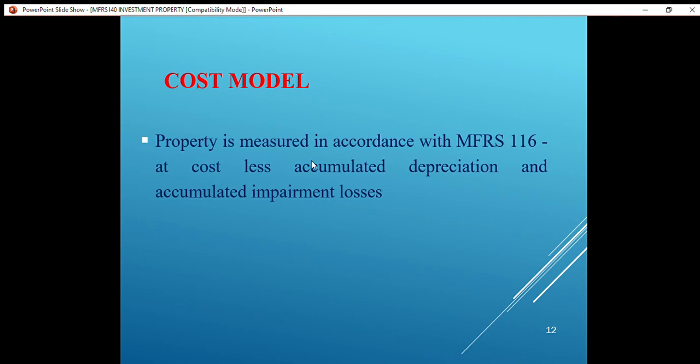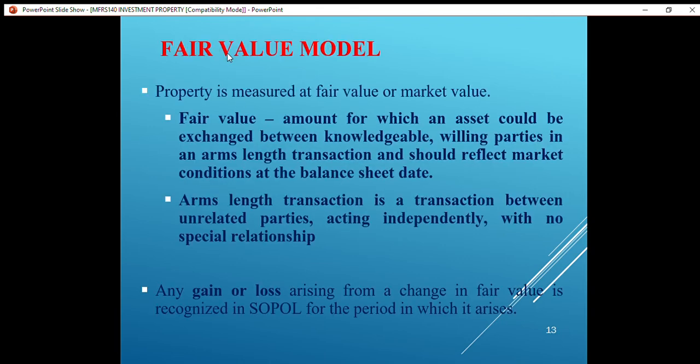So the property is measured at cost less accumulated depreciation and accumulated impairment losses. So this is for the cost model. And the second one is the fair value model. Under the fair value model, the property is measured at fair value or market value.